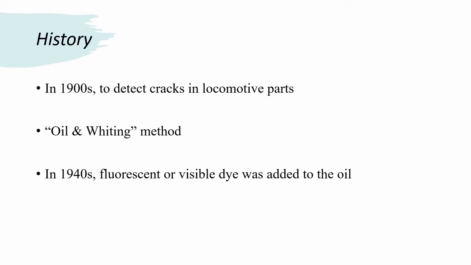So in the 1890s, to detect locomotive part cracks, the oil and whiting method had been invented, and in the 1940s, fluorescent or visible dyes were added to the oil to easily identify flaws in the material. So this is the history of liquid penetrant testing.